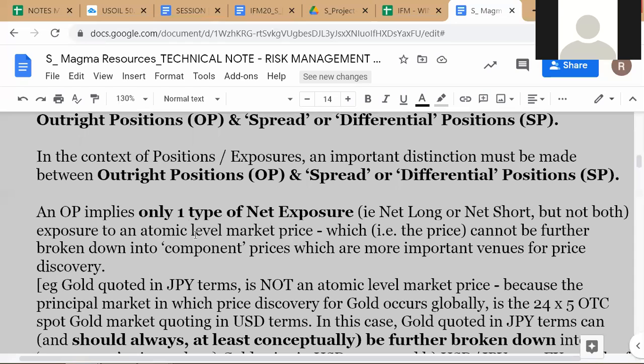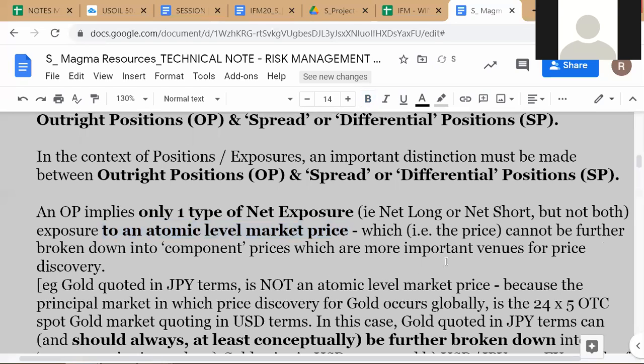What is meant by atomic level market price? First, let's get this clear. It cannot be further broken down into component prices.